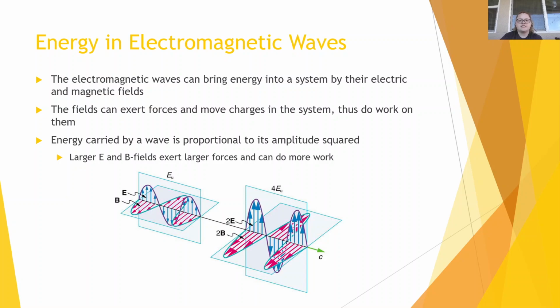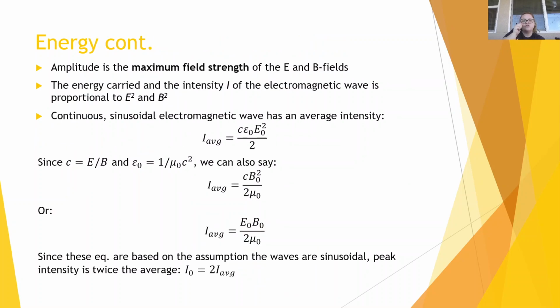So let's look at this mathematically now. Like I said, the amplitude is the maximum field strength of the electric and magnetic fields. These field strength values, those amplitudes squared, are proportional to the energy carried and the intensity of the electromagnetic wave.